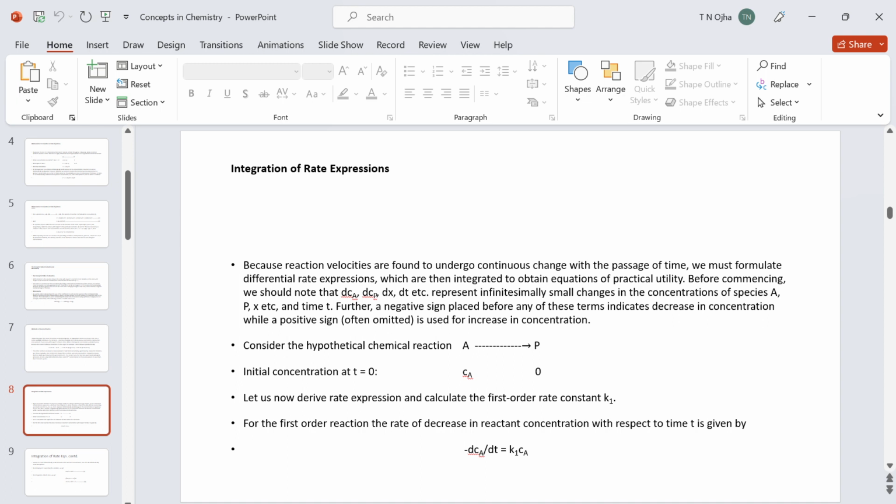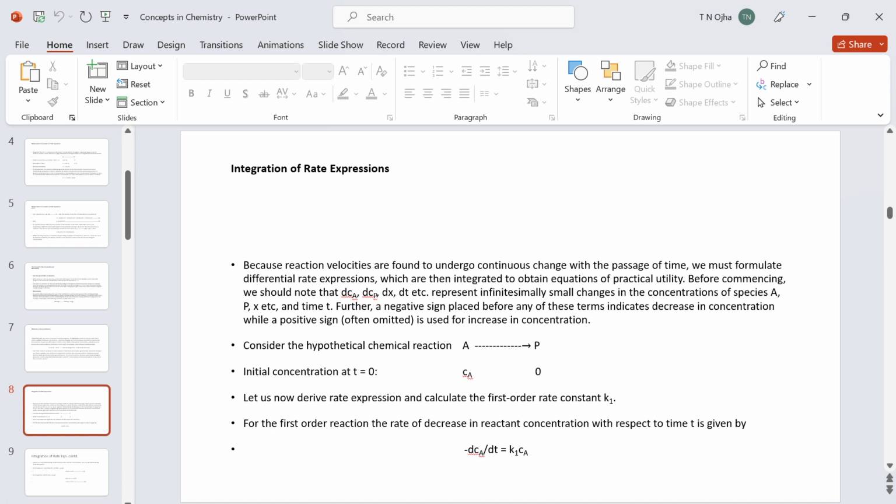We will now integrate the rate equations. The rate equations written earlier are differential equations. For obtaining practical equations, we need to integrate those equations. When the reactant is represented by A and product by P, the rate expression is minus dCA over dt equals K1 CA.